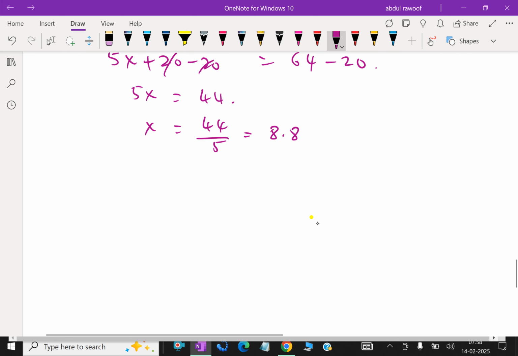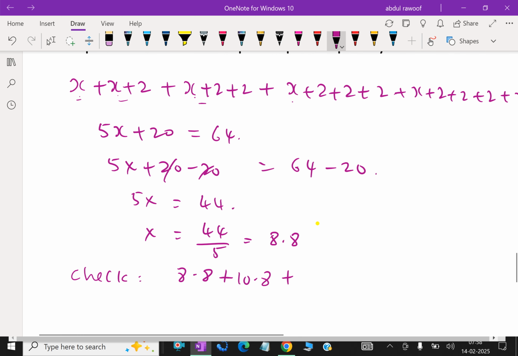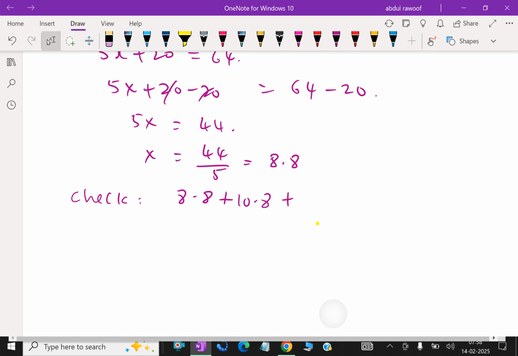Now check. The first piece is 8.8, then the second piece is 2 more, 10.8, another 2 more, 12.8, then 14.8, and 16.8.